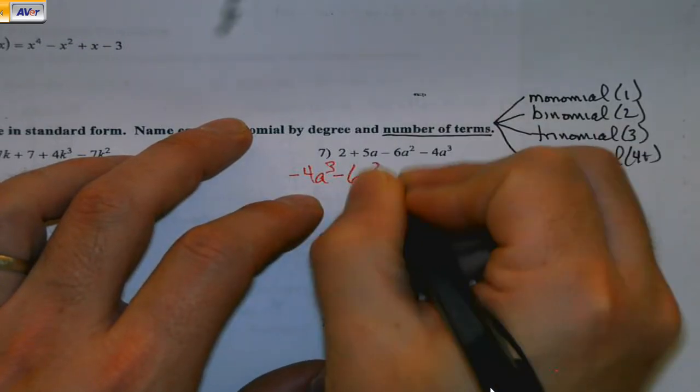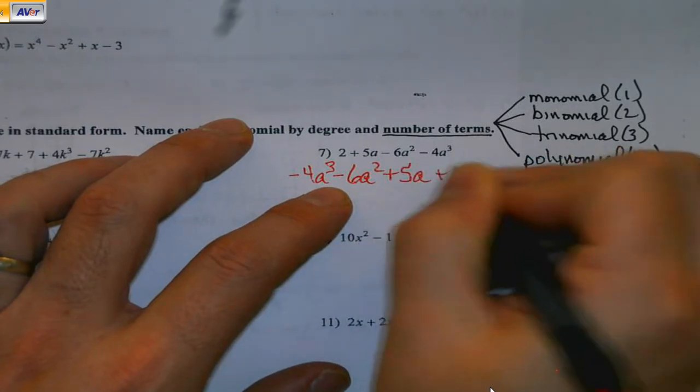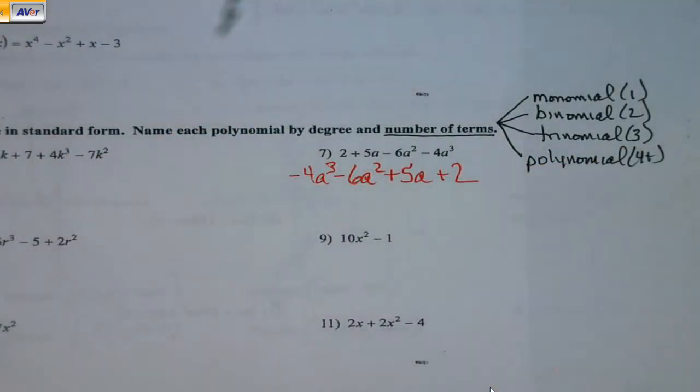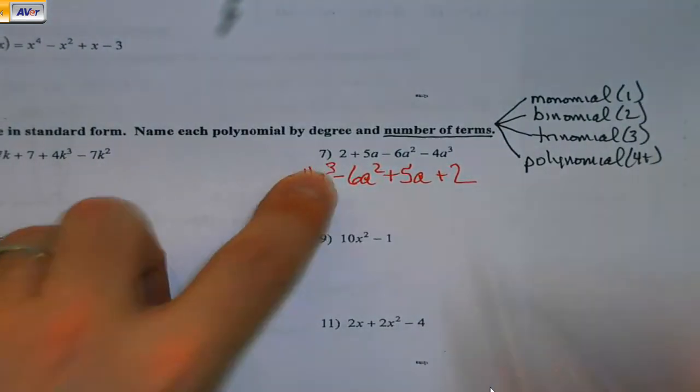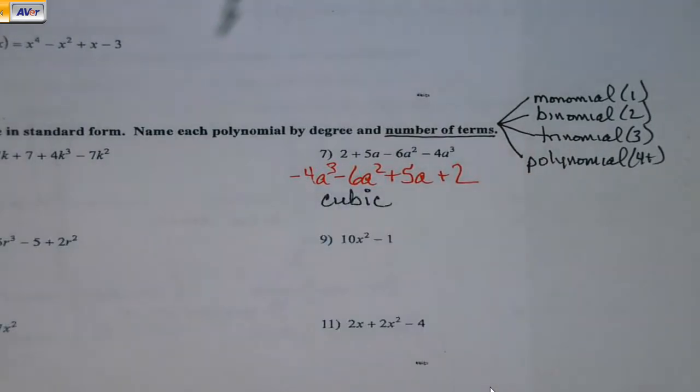Take my signs with it and just keep working my way down until I get to a constant. Once I get there, name each polynomial by degree. So 3 is cubic. And again, if you need the note sheet to get you going on this, that's okay.